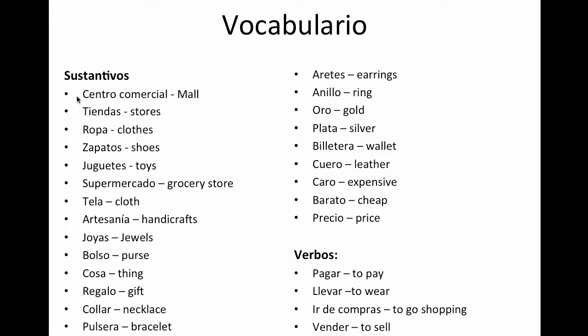Y vemos aquí que tenemos el centro comercial, tiendas, ropa, zapatos, juguetes, supermercado, tela, artesanía, joyas, bolso, cosa, regalo, collar, pulsera, aretes, anillo, oro, plata, billetera, cuero, caro, barato, precio.